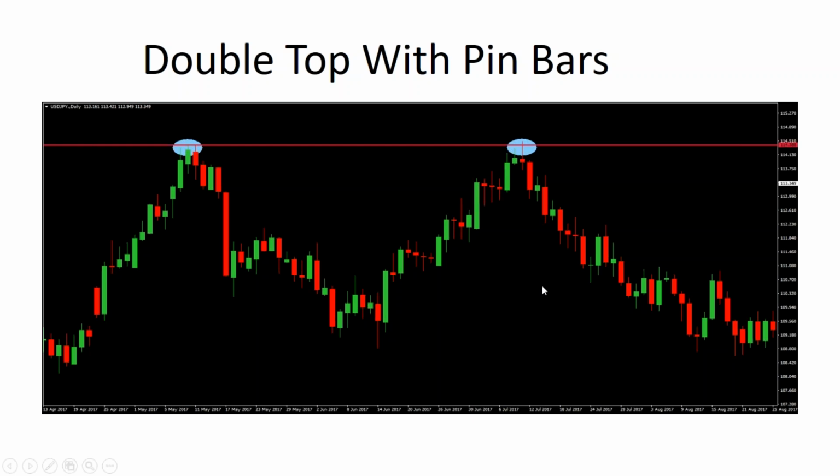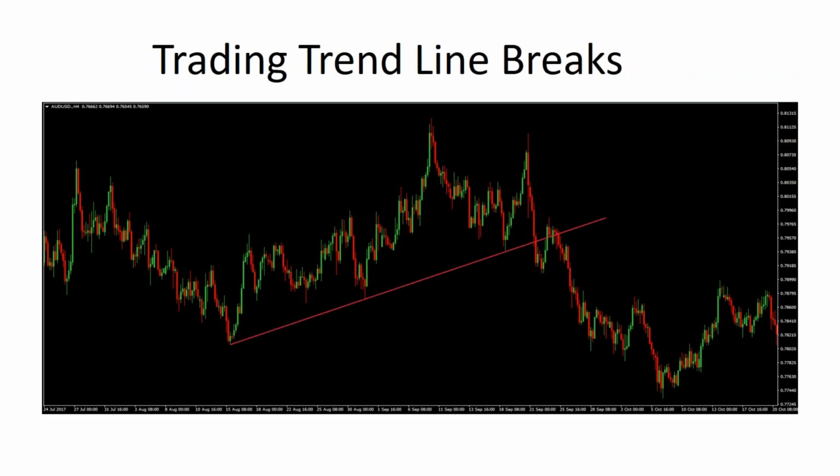So let's take a look at an example then. Okay, so you can see here that we have a classic rising trend line connecting these higher lows. Okay, so you can see what I mean now about connecting these rising or falling lows. So this is a bullish trend line.